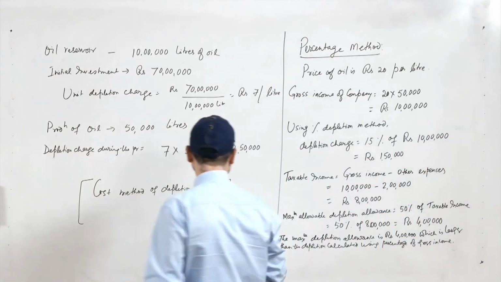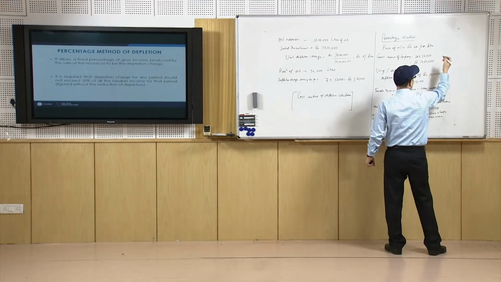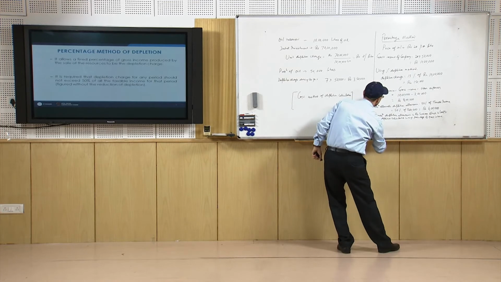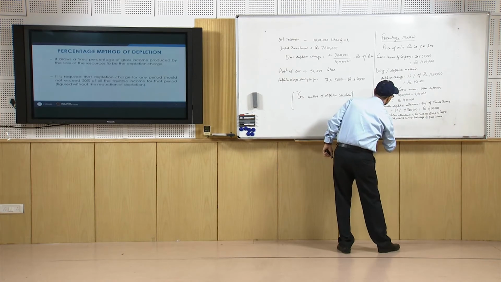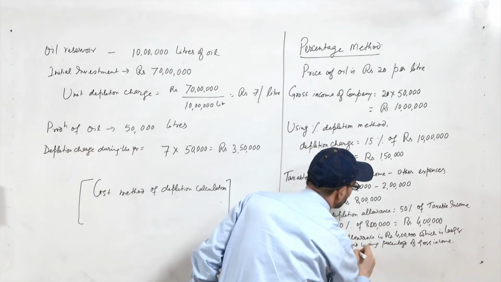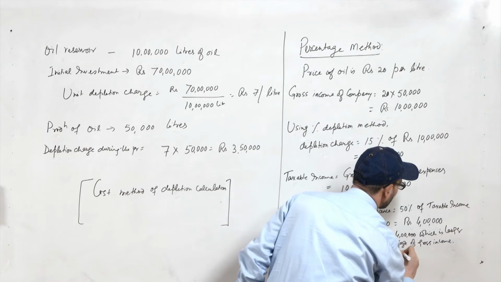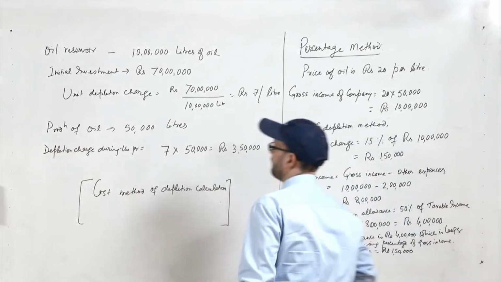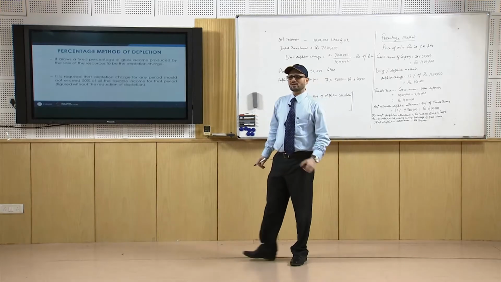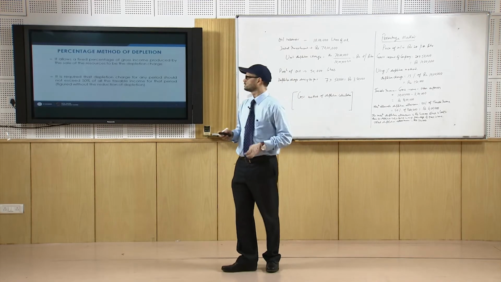So, the total depletion will be rupees 1,50,000. This is how you calculate the depletion allowance in case of natural resources.